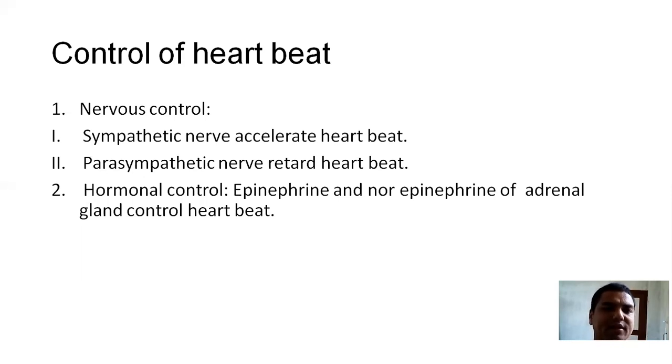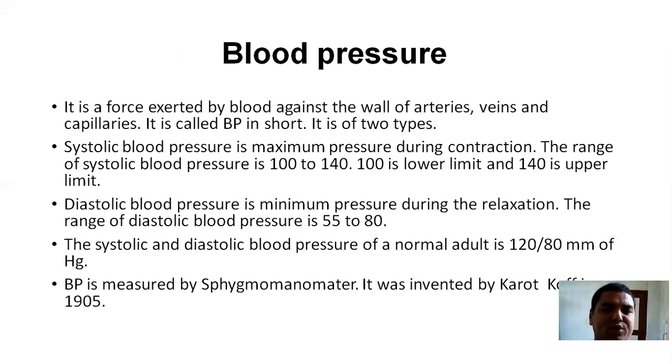Blood pressure. Blood pressure is a force exerted by blood against the walls of arteries, veins and capillaries. It is called BP in short. It is of two types. They are systolic blood pressure and diastolic blood pressure. Systolic blood pressure is the maximum pressure during contraction. It may range from 100 to 140 mm of Hg, and diastolic blood pressure is the minimum pressure during the relaxation of the heart.